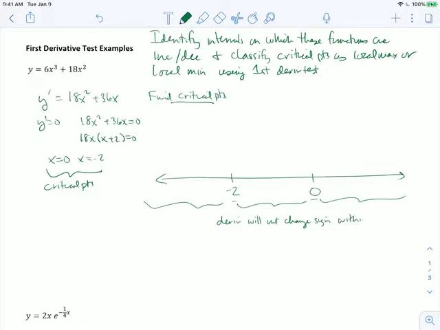So if I can figure out the sign of the derivative at one point on the interval, that will allow me to tell what the sign of the derivative is at all points on that interval.